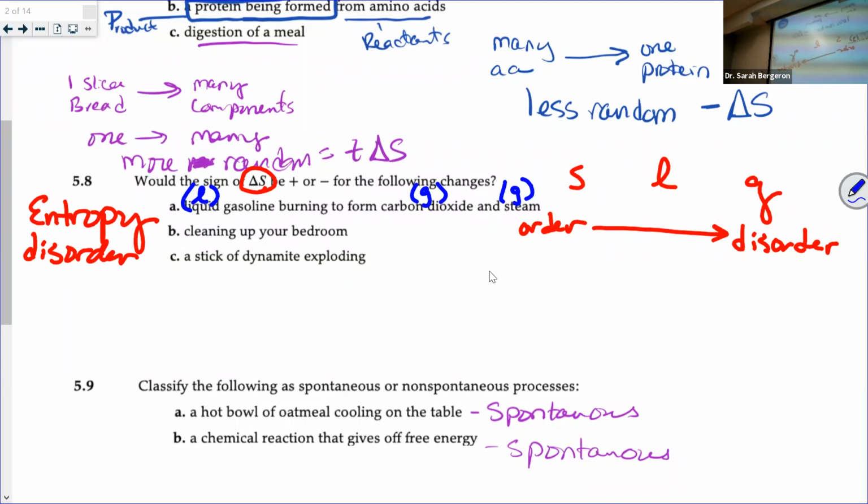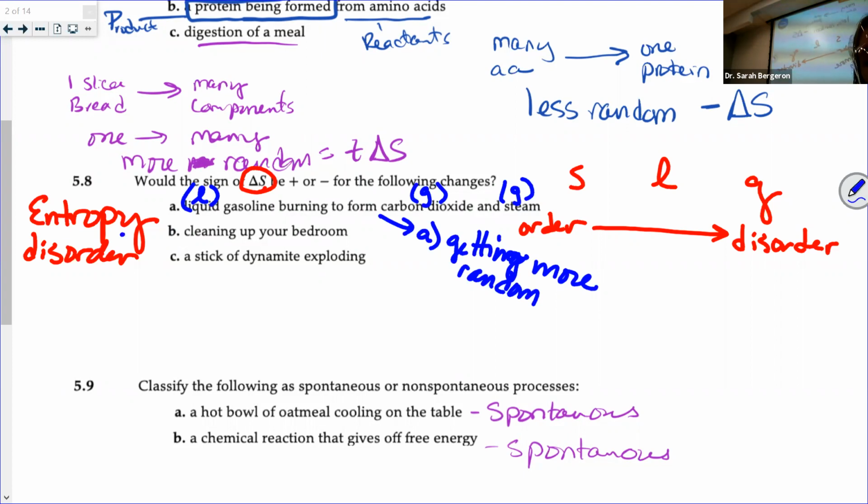So tell me what's happening to my reaction. Liquid gasoline burning to form carbon dioxide and steam. I'm getting more random, right? So A, I'm getting more random.